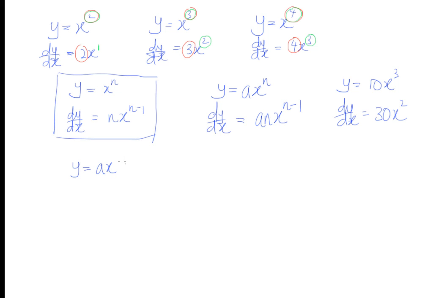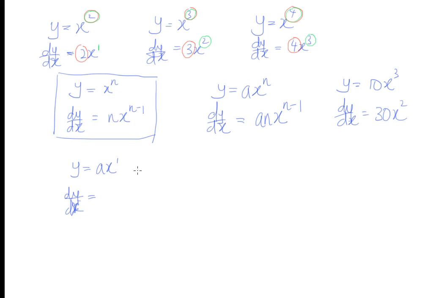No ax to the power n, but ax. So my dy dx will be equal to, in this case, the x actually has got power 1. But nobody writes the power 1, so it appears invisible. So imagine that there's a power 1 here.